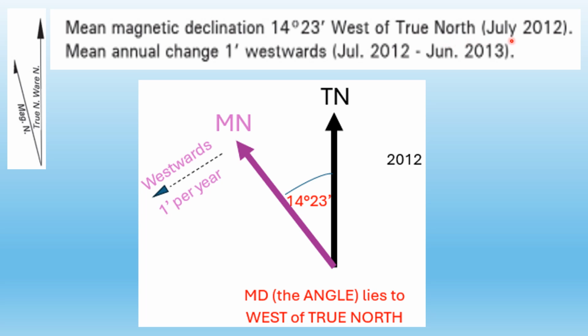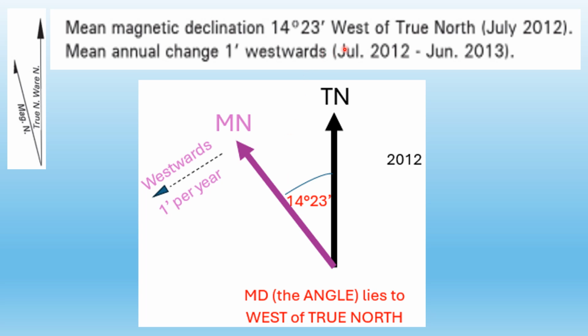That reading was taken in July of 2012. What it means here is that the angle between true north and magnetic north in 2012 was 14 degrees and 23 minutes. The magnetic declination in 2012 was 14 degrees 23 minutes.